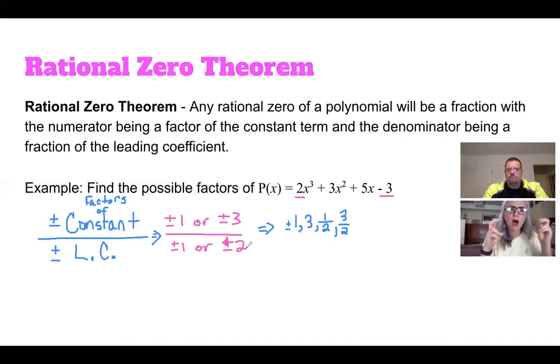And we have no polynomial formula. What we have is the rational zero theorem saying that if one of the solutions is a real number that is rational, it will be in this list. It has to be one of these 8 candidates. If I exhaust all 8 with synthetic division and none of them work, I'm out. But probably for the problems we would give you, one of them would work.